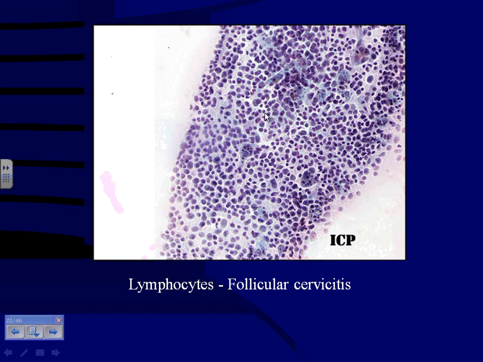And their presence along with the lymphocytes in the background is indicative of sampling of a lymphoid follicle that you see in a number of reactive lymphoid hyperplasias. And so that's a good clue to the presence of a type of cervicitis known as follicular cervicitis, follicular referring to the prominent lymphoid follicles that occur in the setting of this type of cervicitis.